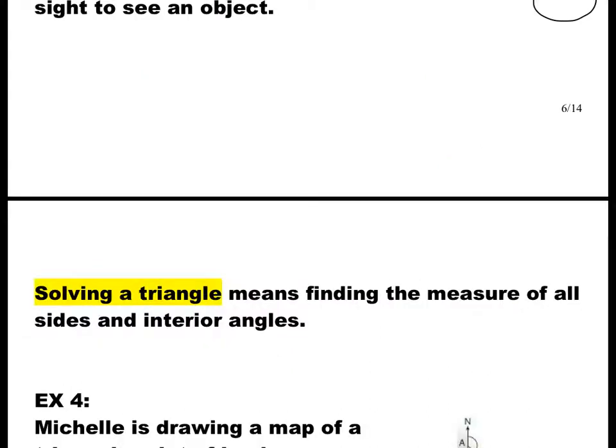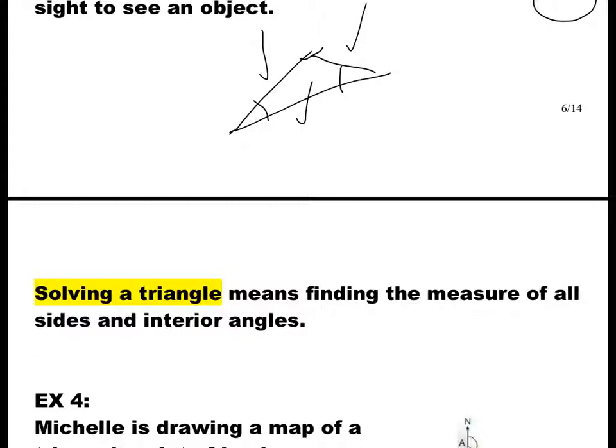From grade 10 is to solve a triangle. Solving a triangle, which is a little bit more involved than any other operation, is to find all the interior angles and all the measures of the sides. So if I give you a triangle and I ask you to solve the triangle, you have to find this side, and this side, and you have to find this angle, and this angle.